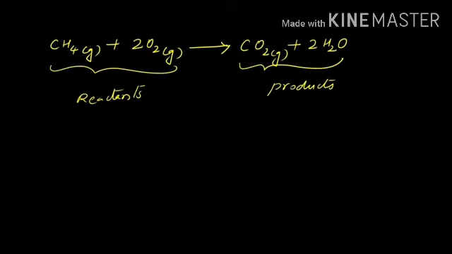Now check in which state each is existing. All are in their gaseous state, right? CH4 is in gaseous state. So we mark the state at the bottom of each reactant and product. Gaseous state we mark as G, if it is in solid state we mark it as S, and if it is in liquid state we mark it as L. So here all the reactants and the products are in the gaseous state.